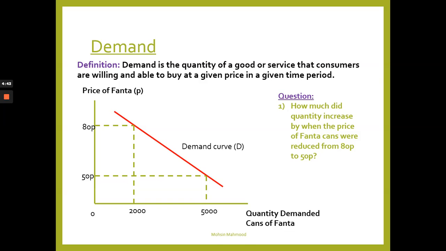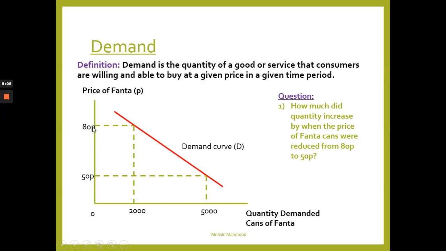Okay, now what I'm going to say is that price reduced from 80 pence to 50 pence. So there was a 30 pence reduction in price, which led to a 3,000 increase in demand, from 2,000 to 5,000. So the quantity demanded of cans of Fanta increased from 2,000 to 5,000.